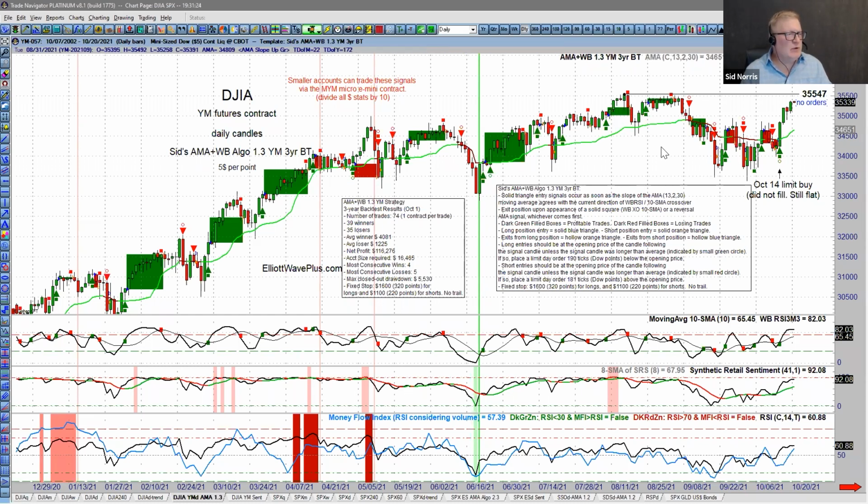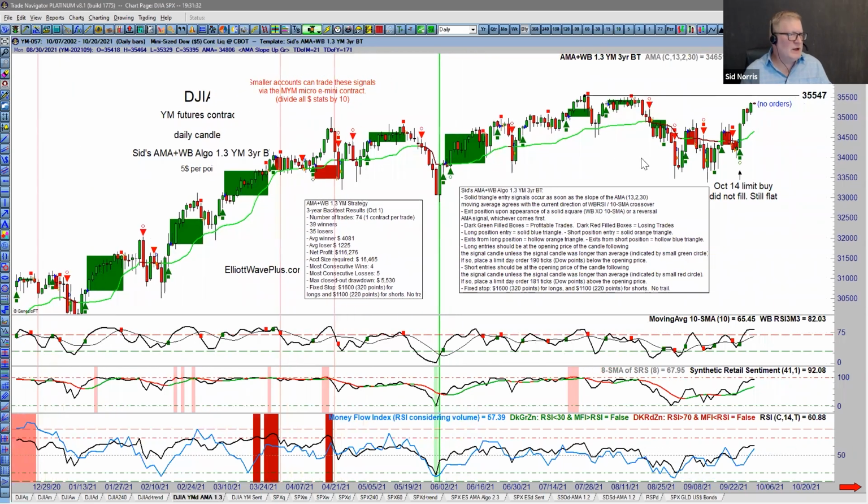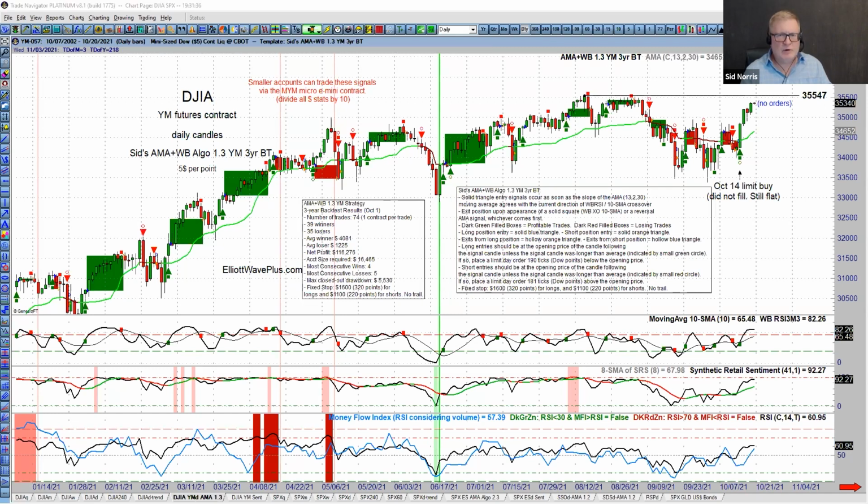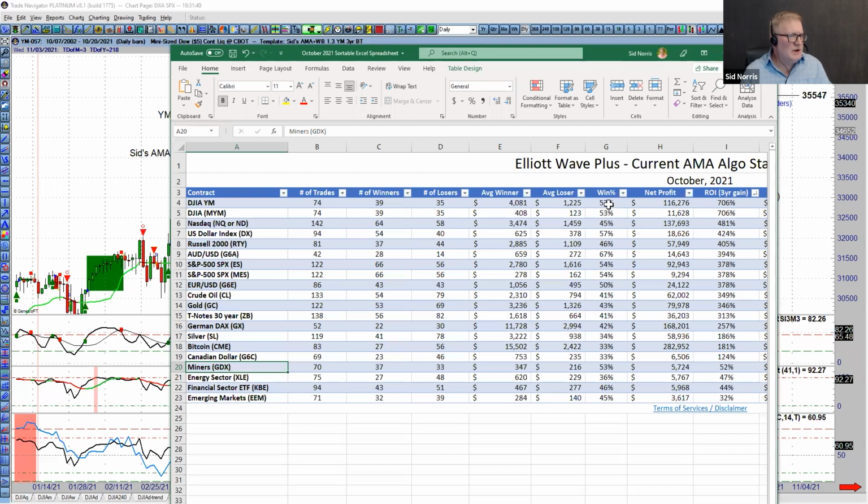And so when you're using an automated algo signal, you have to decide what you want out of it when you're designing it. What I wanted, my whole idea behind these signals, was not to get the highest winning percentage. It was to bring in the most profit. That was what I was looking for.